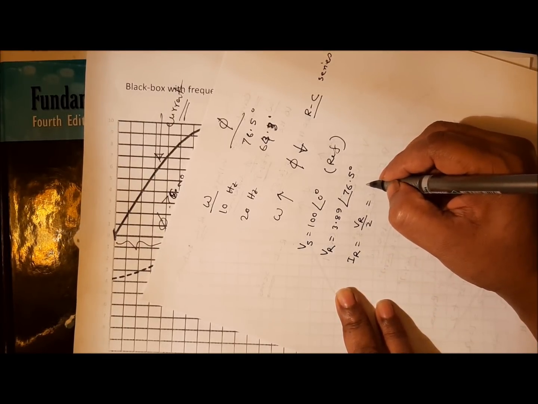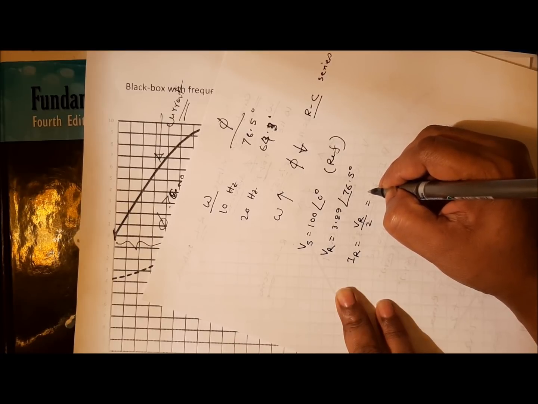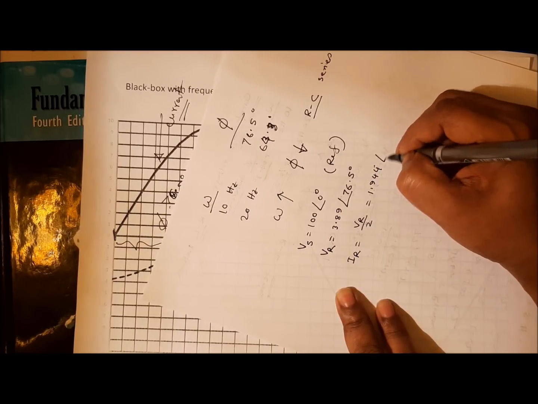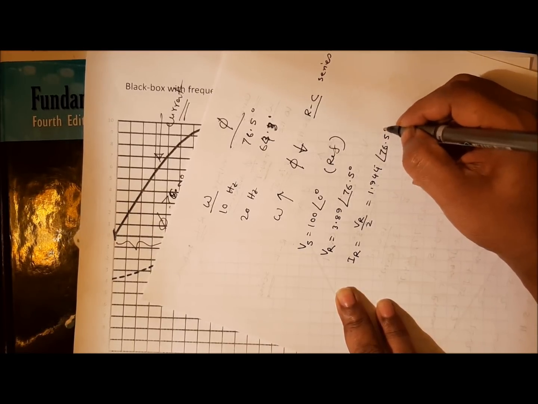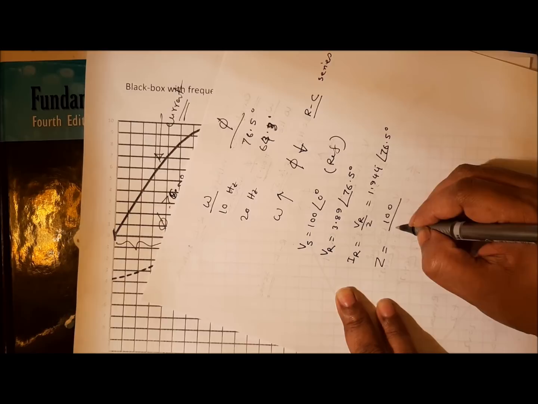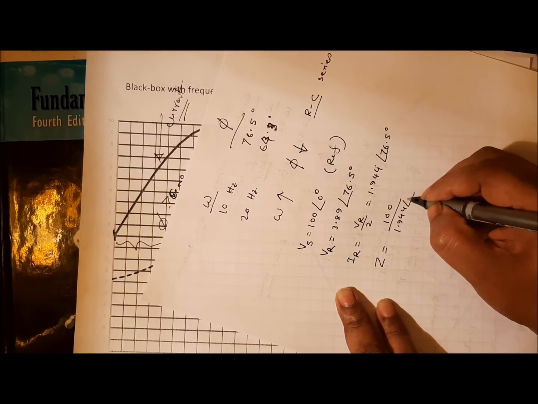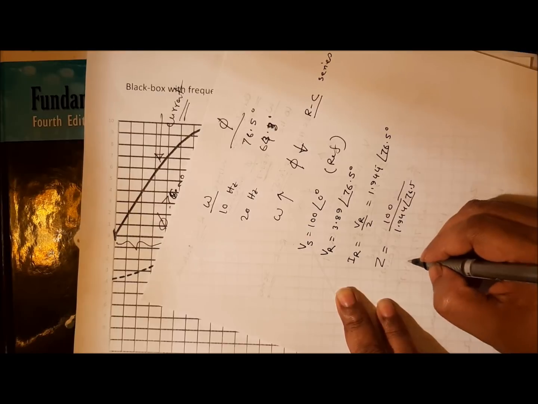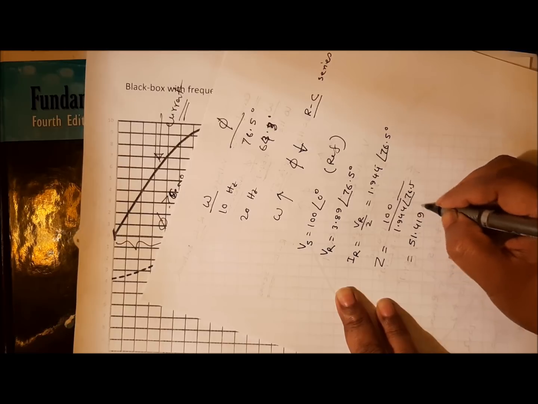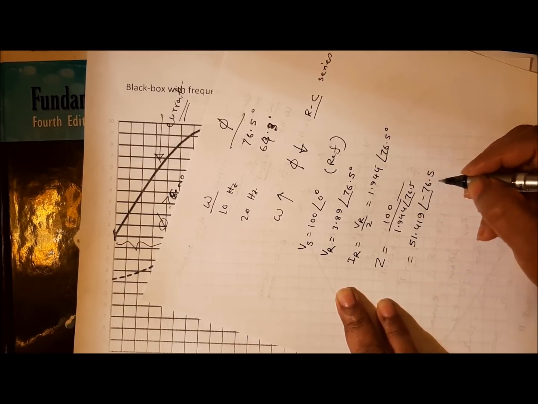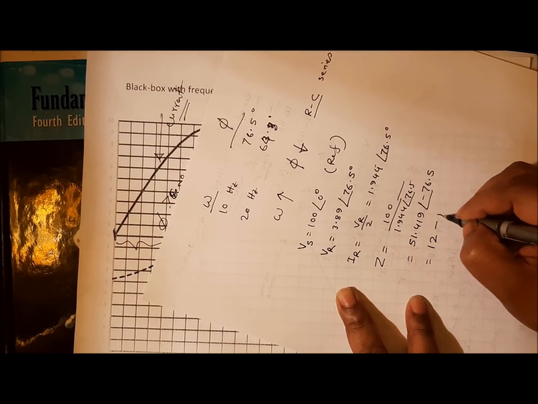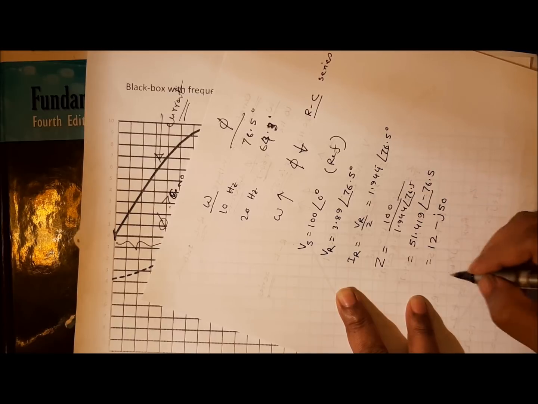So 3.89 over 2 is 1.944, angle 76.5. Now if you want to find the impedance, impedance will be 100 over 1.944, angle 76.5. So you'll get 51.419 angle minus 76.5. If you find the rectangular form, it will be approximately 12 minus j50.